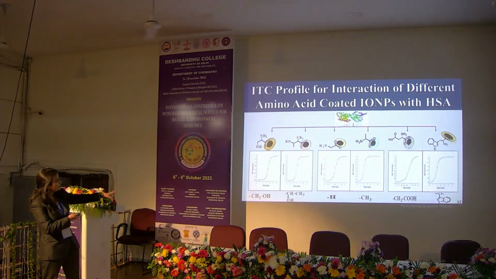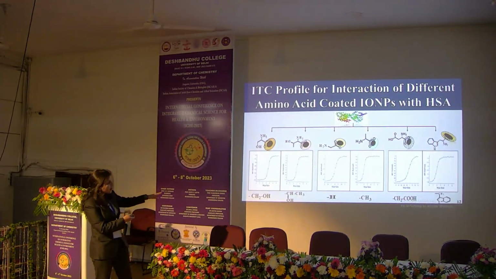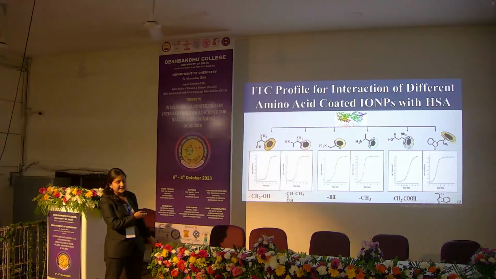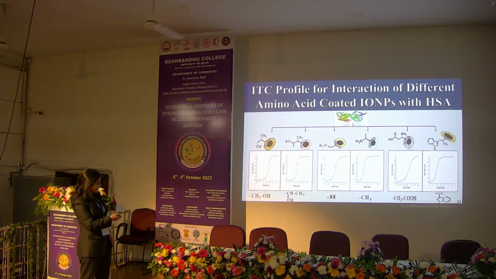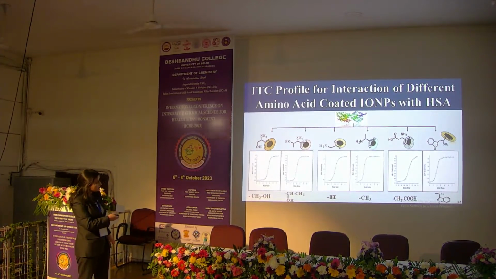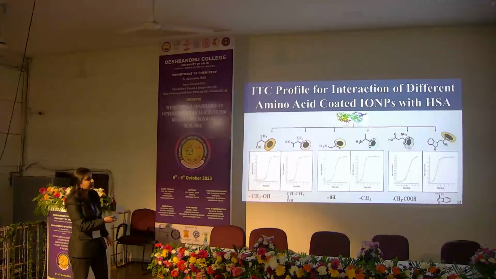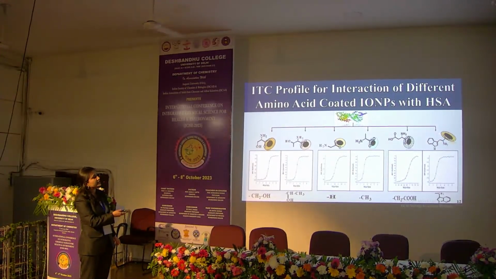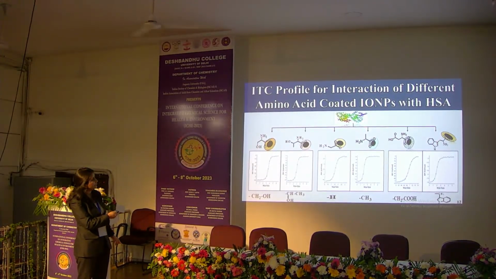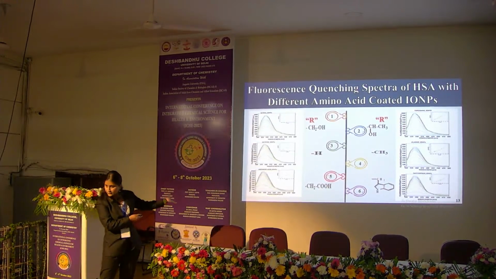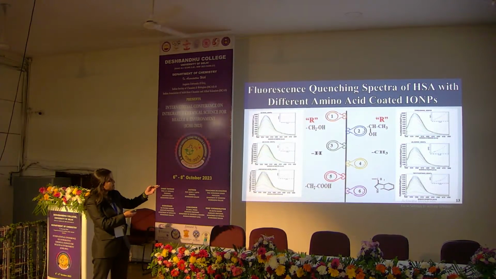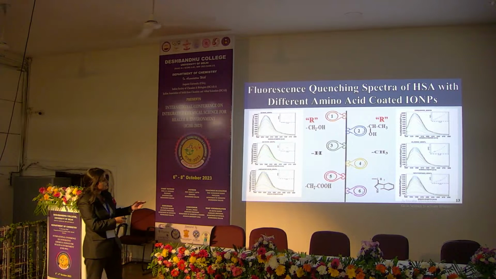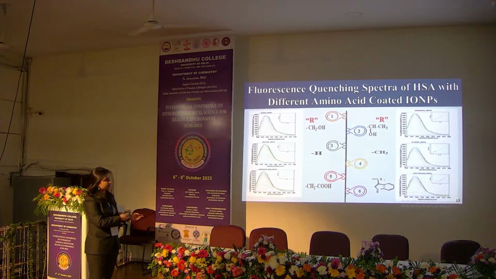Next, we have performed ITC study with all the 6 formulations, that is glycine coated iron oxide nanoparticles, alanine, serine, threonine, aspartic acid, and tryptophan coated iron oxide nanoparticles with HSA macromolecules. Similarly, we have performed fluorescence quenching experiments with these coated nanoparticles.